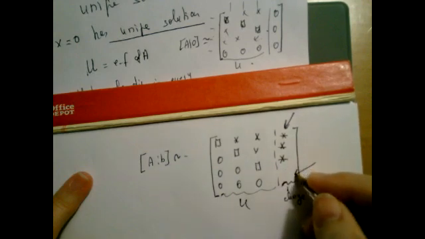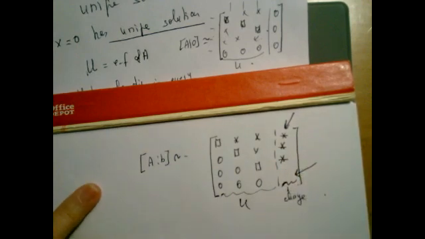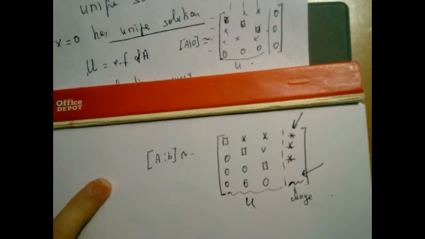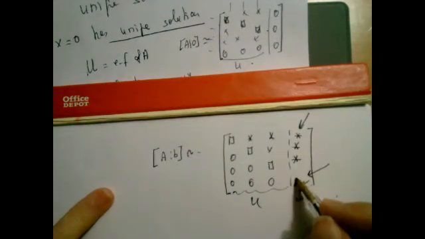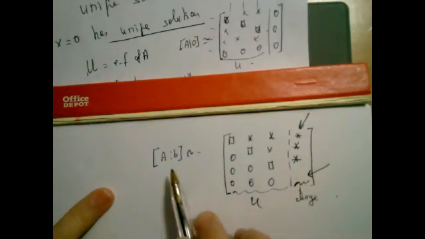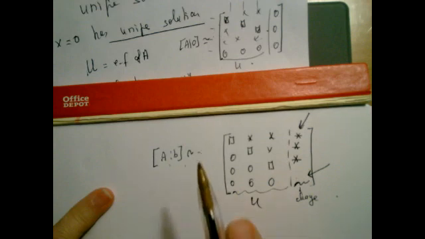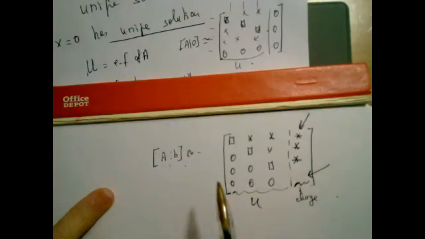What about this last one? If this is leading, what does this tell me? Not consistent. The problem tells me that Ax equal to B is consistent, so it has to be 0.